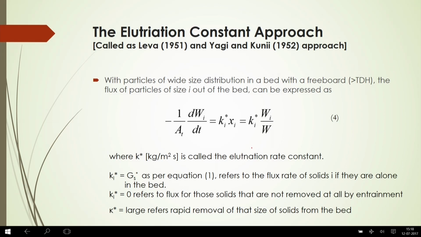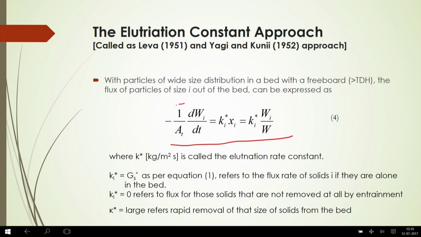So, now with particles of wide size distribution in a bed with a freeboard whose transport disengagement height is less than this freeboard, the flux of particles of size i out of the bed can be expressed by equation 4.